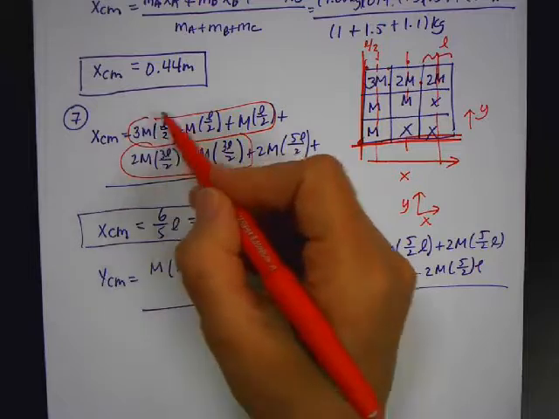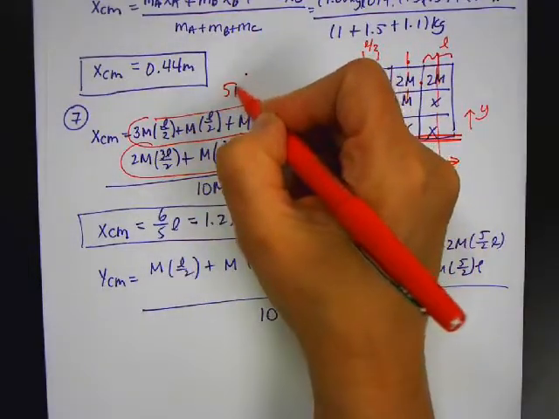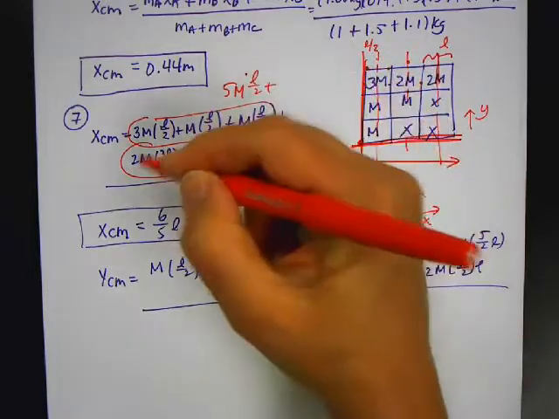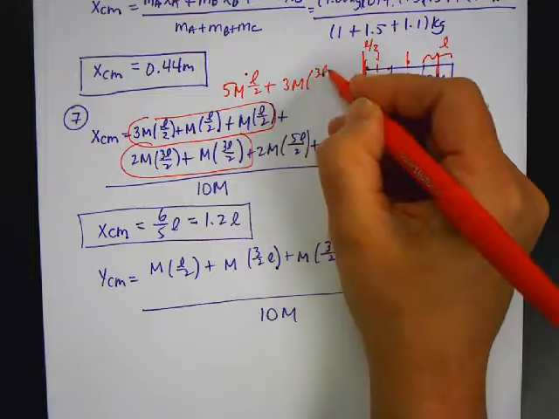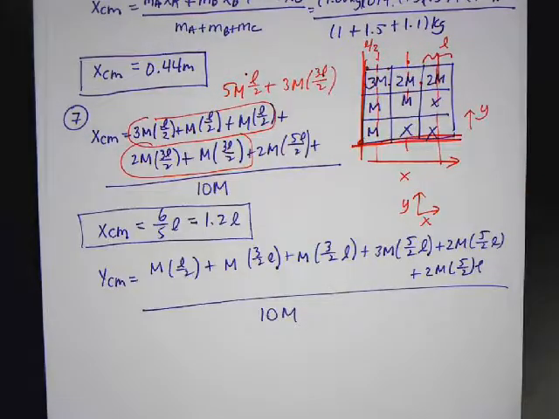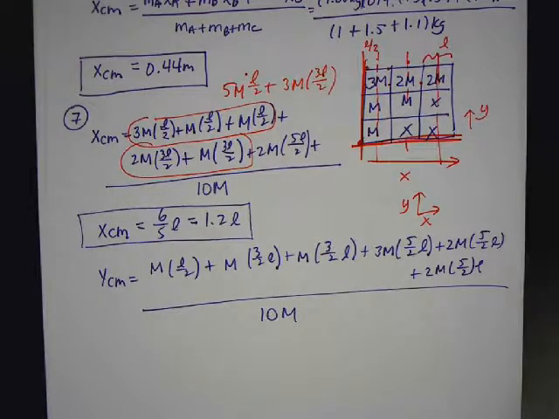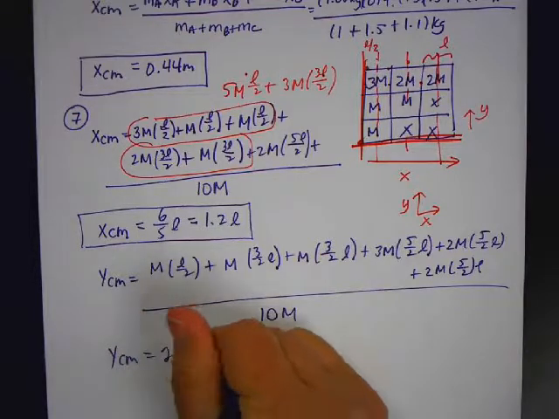Like I said 3, 4, 5, so I said 5m L over 2 plus 3m 3 halves, 3L over 2 plus that, and it made the math a little bit easier. So Y center of mass is equal to 2.1 times L.